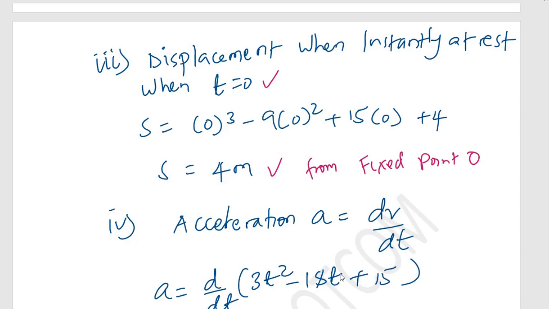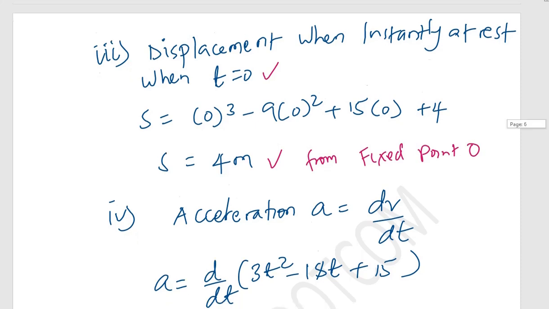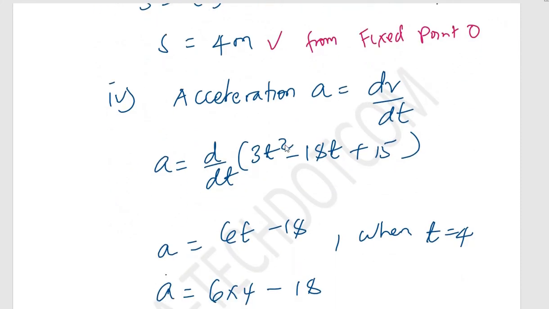If I differentiate this particular expression, I will be able to get 6t, because this is 3 times 2, then t to power 2 minus 1, minus 18. So this will be 6t minus 18, and this is the acceleration at any time. Now what about when time is equal to 4 seconds?